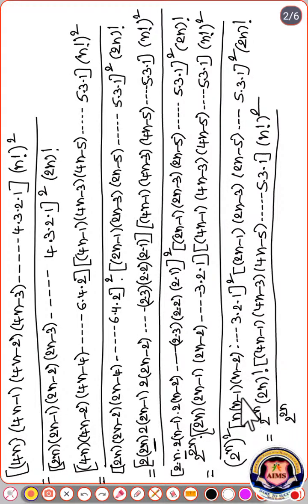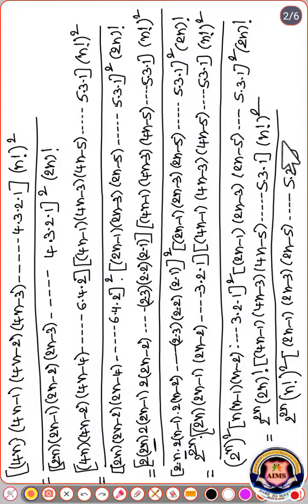Later n, n minus 1, n minus 2 and so on, 3, 2, 1 can be written as n factorial, totally whole square. Okay, my dears, after that same to same copy paste remaining values: 2n minus 1, 2n minus 3, 2n minus 5 and so on, 5 into 3 into 1 whole square into 2n factorial.